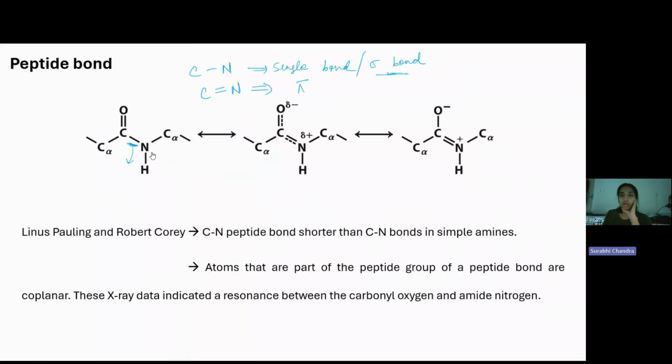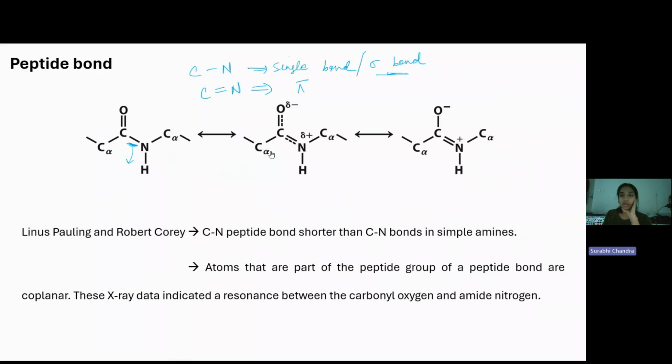Hence this N will have a partial delta plus charge, and this oxygen gets a delta minus charge. So the double bond character gets delocalized. These are the resonance structures, this one and this one, and this delocalization of charge leads to the partial double bond character of the peptide bond. So this is the peptide bond, C double bond O of one amino acid and NH from the other amino acid, condensed via a dehydration reaction.